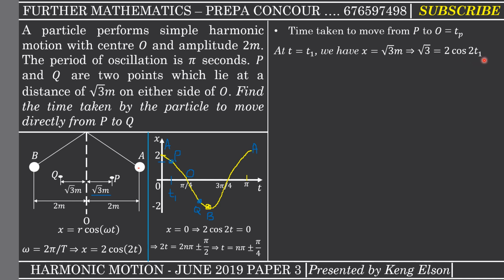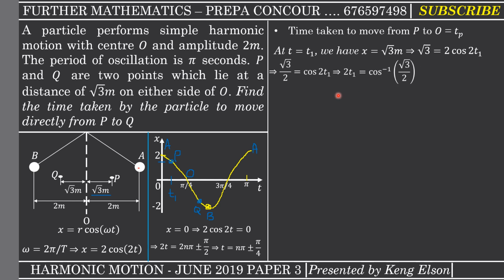Okay. Now, this T1 actually is the time taken. In fact, anyways, I'm going to explain later. √3 will be equal to 2 cos 2 T1. Right? Now, when √3 is equal to 2 cos 2 T1, we now need to find the value of T1. We first of all divide both sides by 2 to get cos 2 T1 to be equal to √3 on 2.